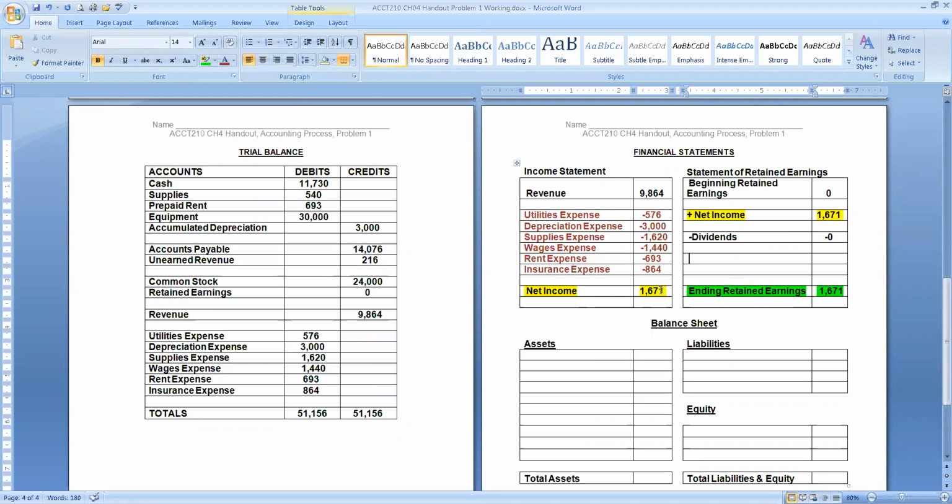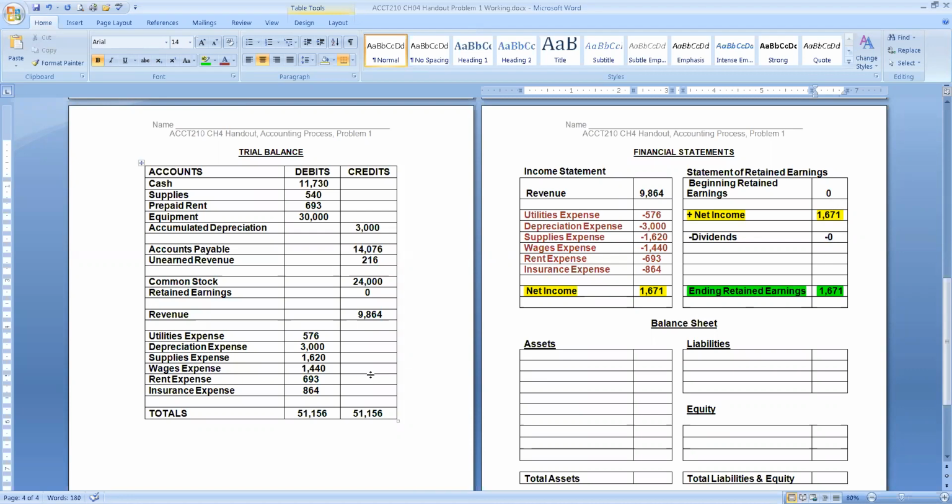So in this case, it's the same as their net income because they didn't have anything to begin with. It's the first year. And they also didn't take out any dividends. So the piggy bank just has the entire income sitting there.